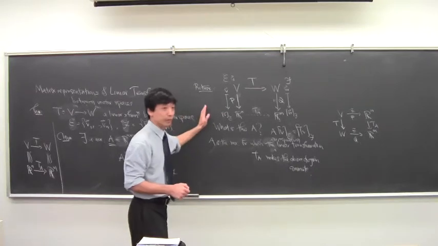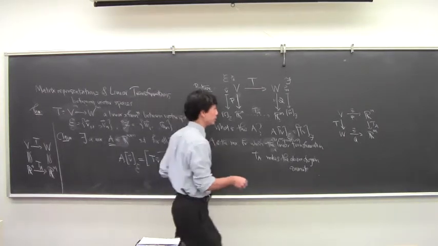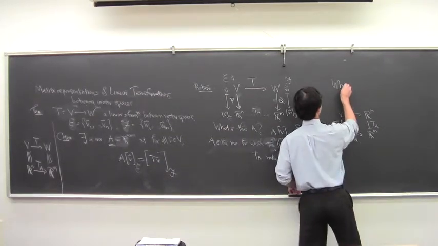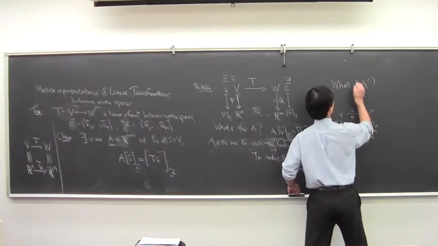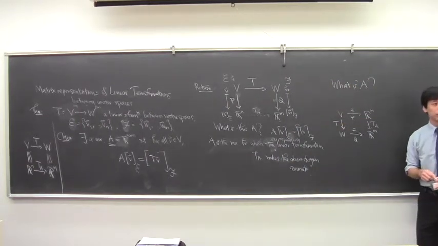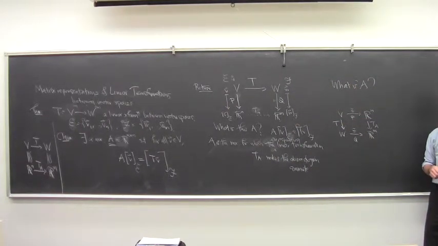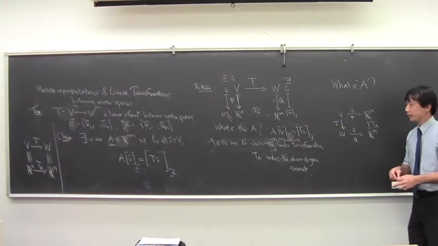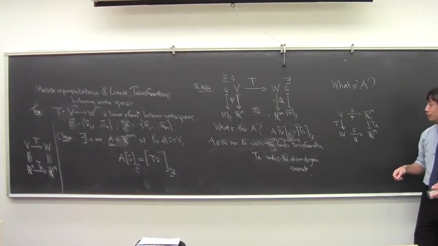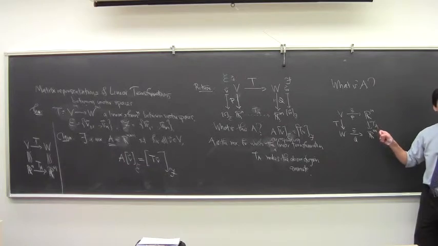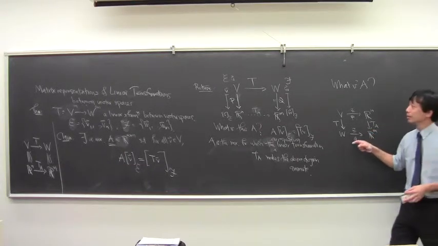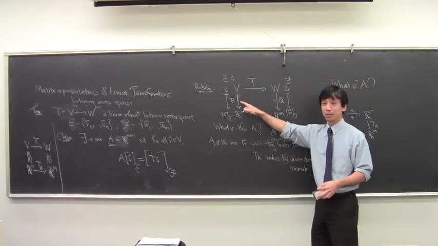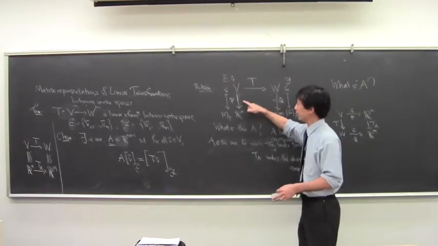So how do we figure out A? That's the big question. What is A? And Mia has actually given sort of the answer. She said, is P invertible? Does P have an inverse map? P does have an inverse map. This is an isomorphism.